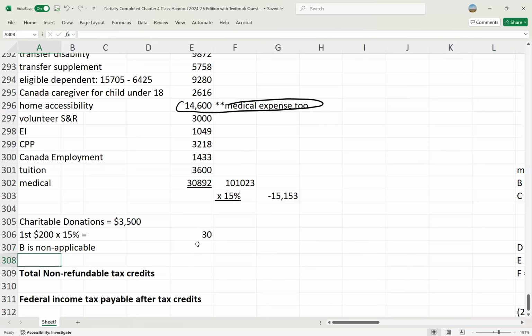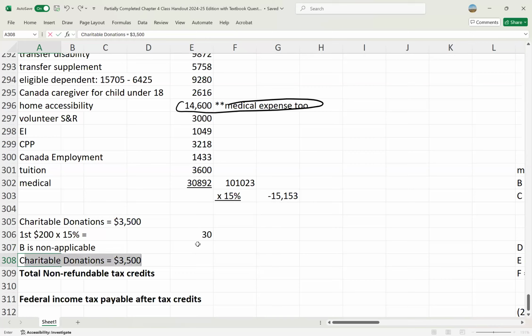Because remember we said B is only applicable if your income, if you look at the donation tax credit on your rates table, B is only applicable if your income is over that 246,752. And so remember her taxable income is only $102,050. So B is not applicable.